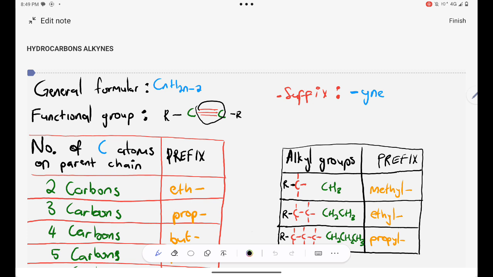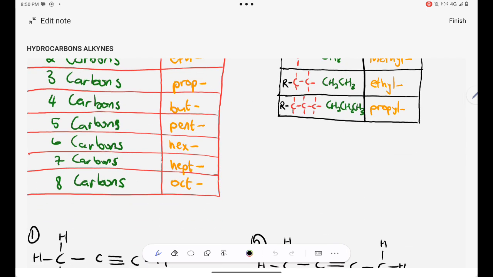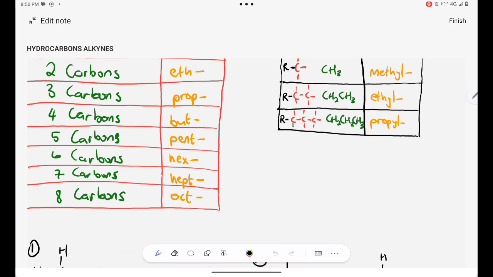And the suffix for alkynes is simply "-yne", that's Y-N-E.